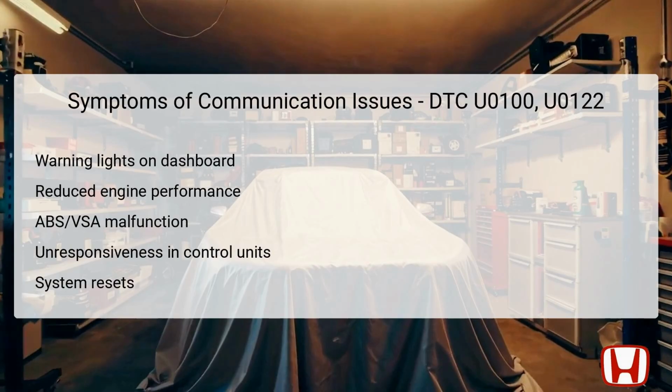Some control units may be unresponsive, leading to frustrating experiences for drivers. Furthermore, sporadic system resets may occur, complicating driving conditions. Recognizing these symptoms early can significantly aid in the timely resolution of the underlying issues.